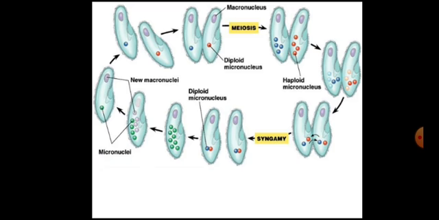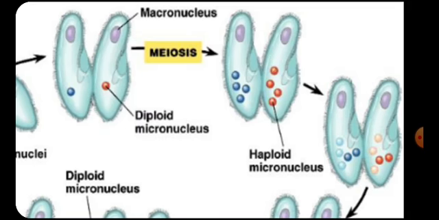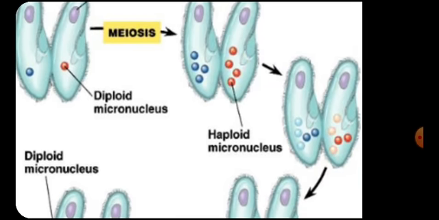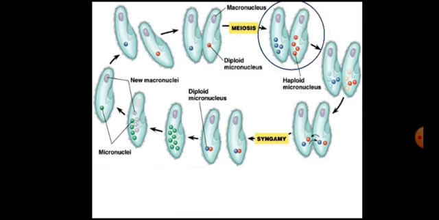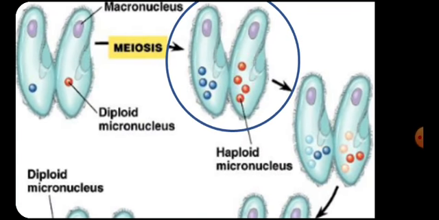So this slide shows a combined process of conjugation and syngamy. The process of conjugation is a cycle, so let us begin it from here. We can see that there is a macronucleus at the top.